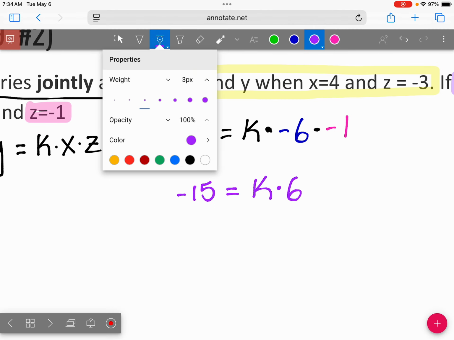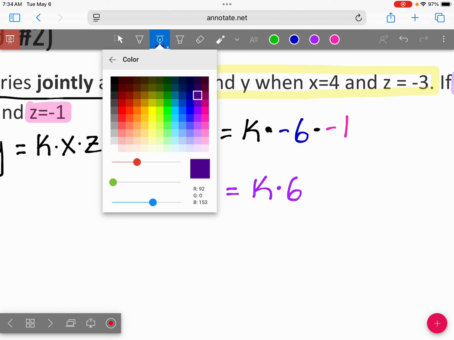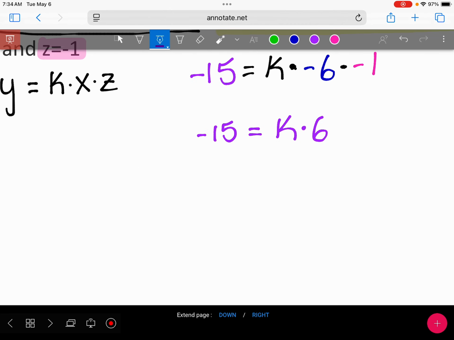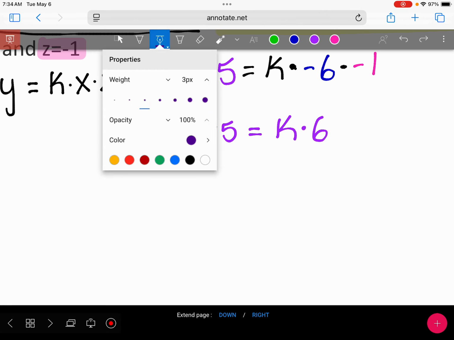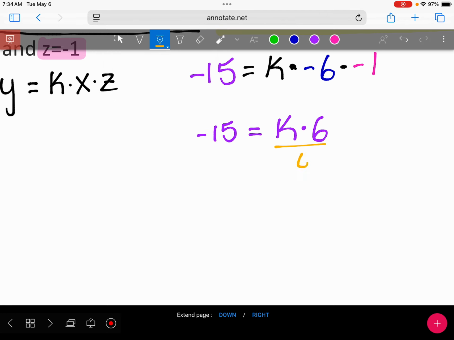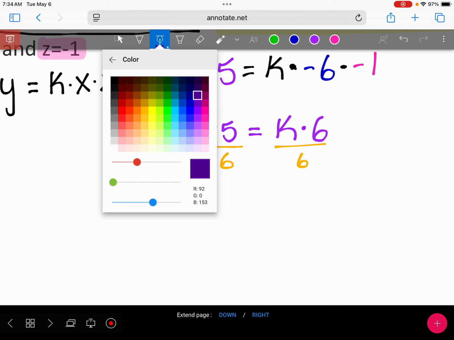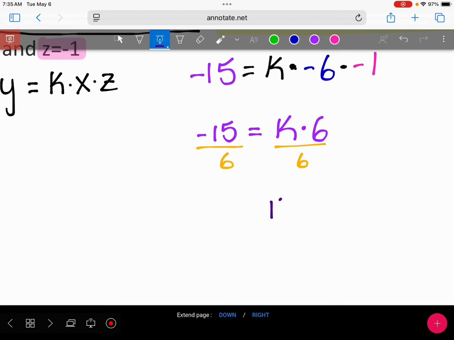We need to divide. We're going to divide both sides by 6 so that we can get that k by itself, which means our k is negative 15 over 6.